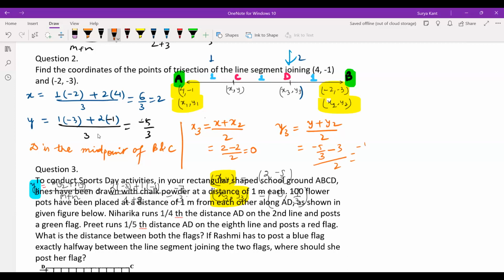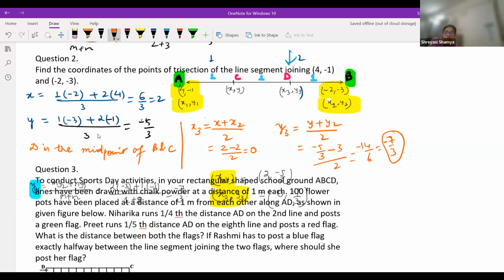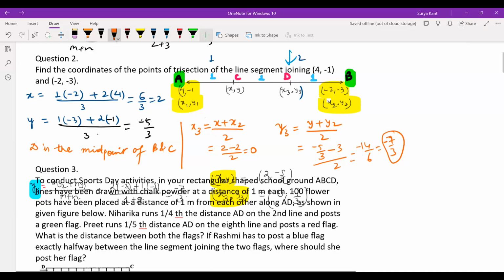So minus 14 by 3. So you are getting the answer minus 7 by 3, Sreyashi? Yes, sir. 0, comma minus 7 by 3. In that way we can do.